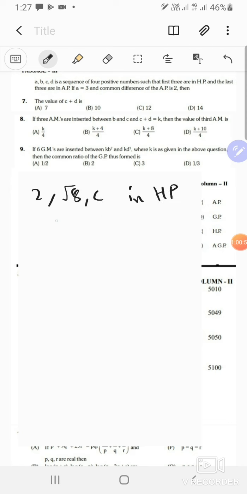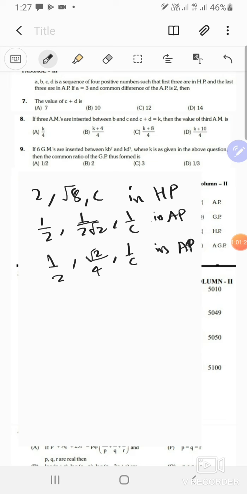Let's rationalize this first. So 1 by 2, root 2 by 4 and 1 by c are in an AP. Wow, this is very weird.